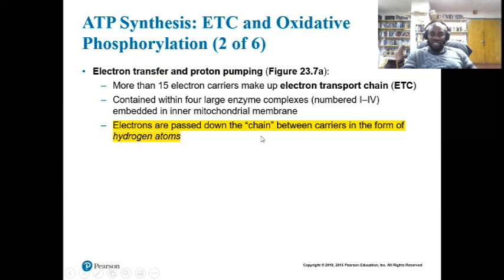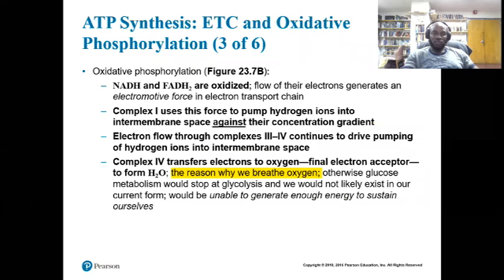Electrons are passed down the chain between carriers in the form of hydrogen atoms. Right? Remember, the atomic number of hydrogen is 1. 1 proton, 1 electron. So we have these, what we call hydrogen atoms. This is how we pass down electrons.